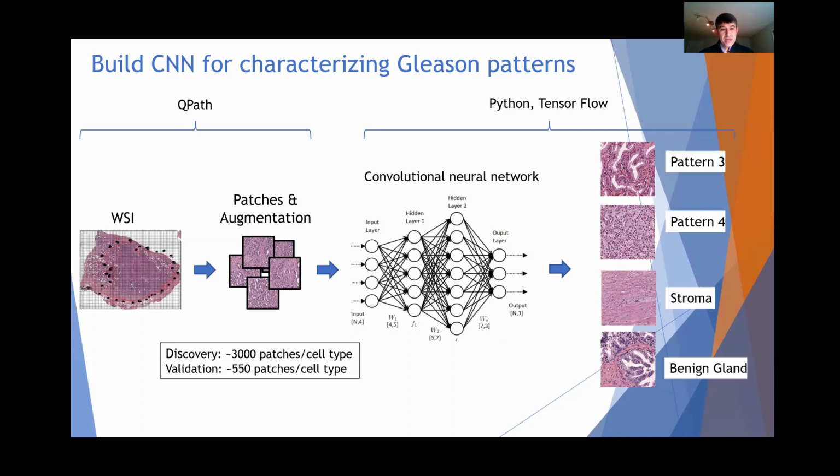These patches, approximately 3,000 per cell type, were then used to train the convolutional neural network to detect the 4 individual cell types, which we then validated using a similar set of patches from the independent set of grade group 1 and grade group 2 tumors that I showed on the last slide.